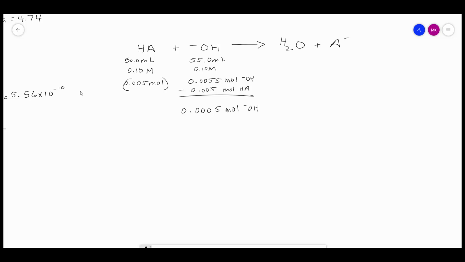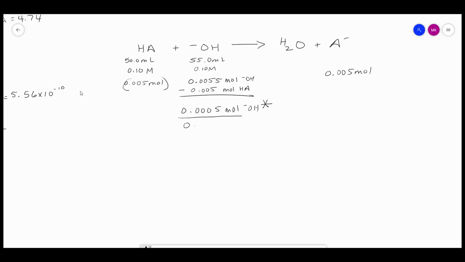Now, although I do create an awful lot of conjugate base, it just doesn't matter anymore because the strong base is what's going to drive the pH. So now I have this excess of OH. I need to find its molarity so that I can find the pH. So I have 50 plus 55, or 0.05 plus 0.055.